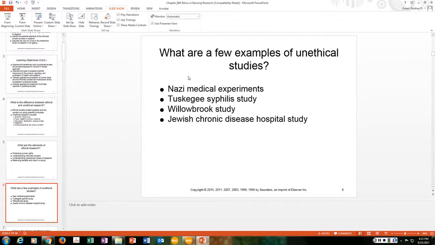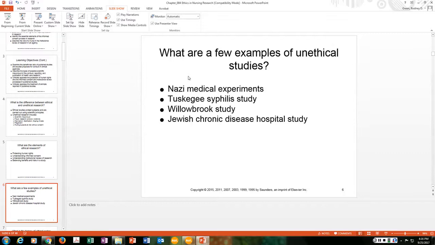This physician, Saul Krugman, experimented by giving hepatitis virus to the children who were severely retarded. To be admitted to this hospital, parents had to give permission for the children to be in the study, or they wouldn't be accepted as a patient.